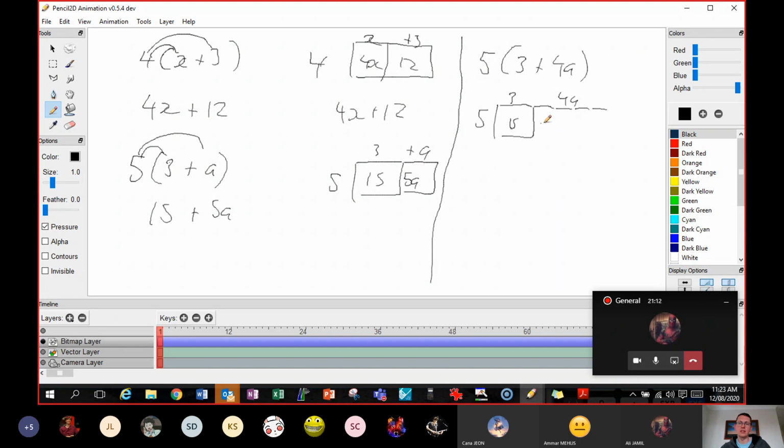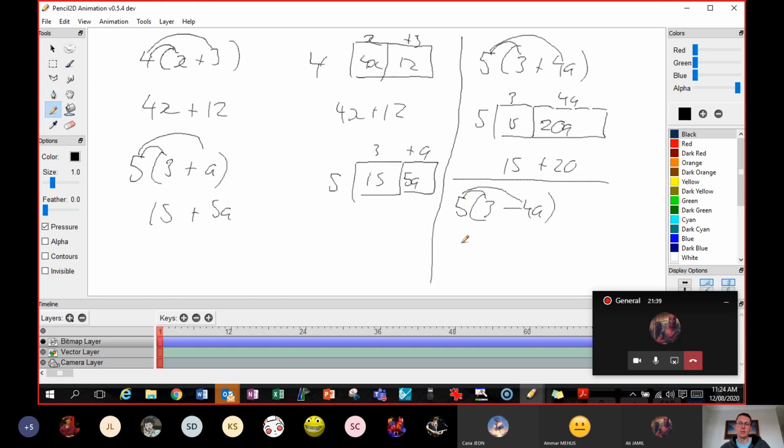You'll end up with 20a's in total. So that will give you 15 plus 20a. If it was slightly different, minus 4a, you're still going to get your 15, except when this is negative, that's going to make that negative 20a.